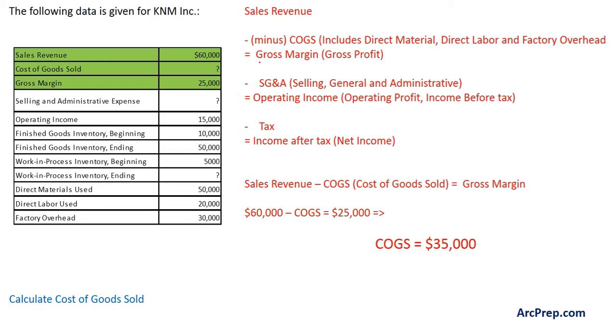Now, focusing on the top part, sales revenue minus cost of goods sold is gross margin. So cost of goods sold, if I solve for this, needs to be $35,000 for gross margin to be $25,000 when sales revenue is $60,000.